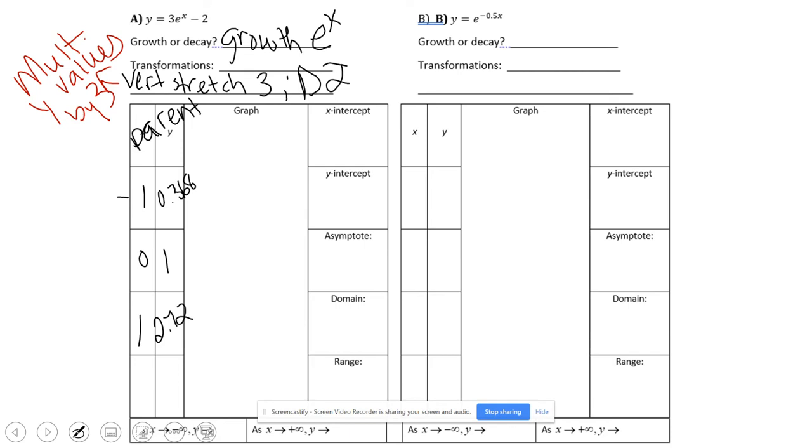So now we're going to multiply the y values by 3 and then shove the whole graph down 2.